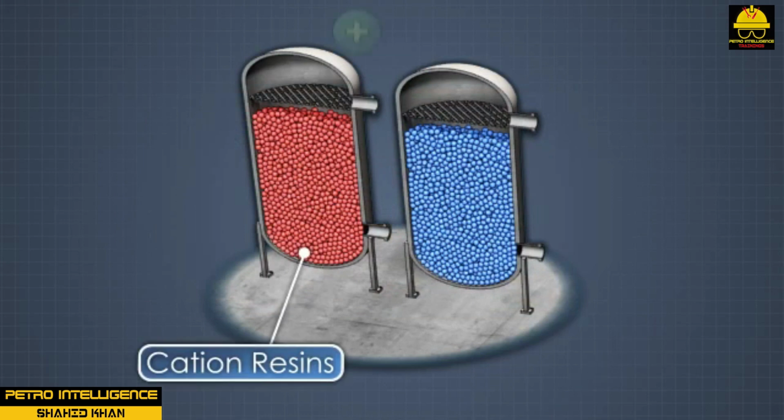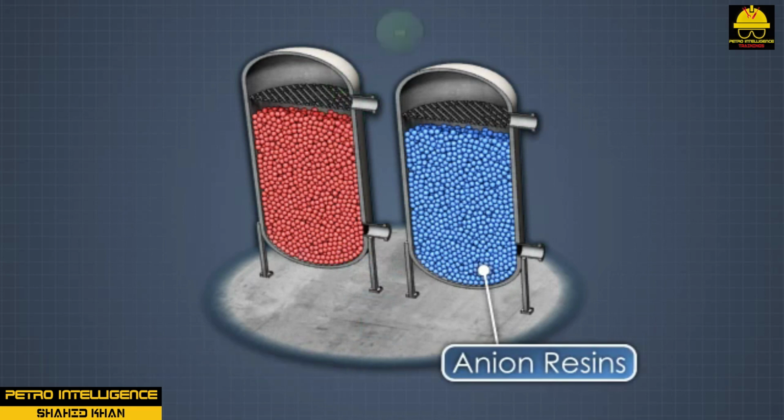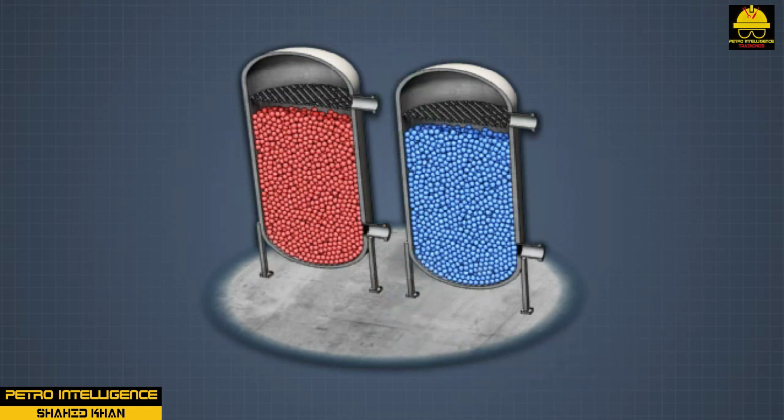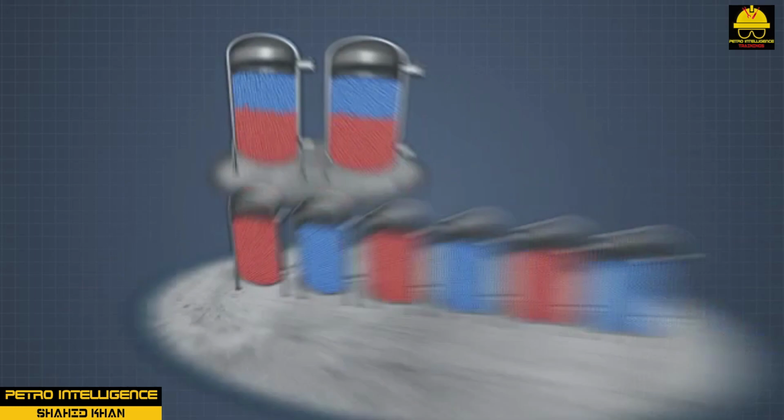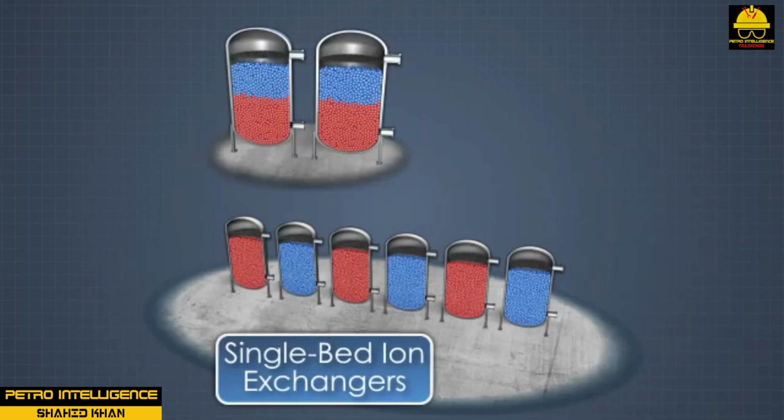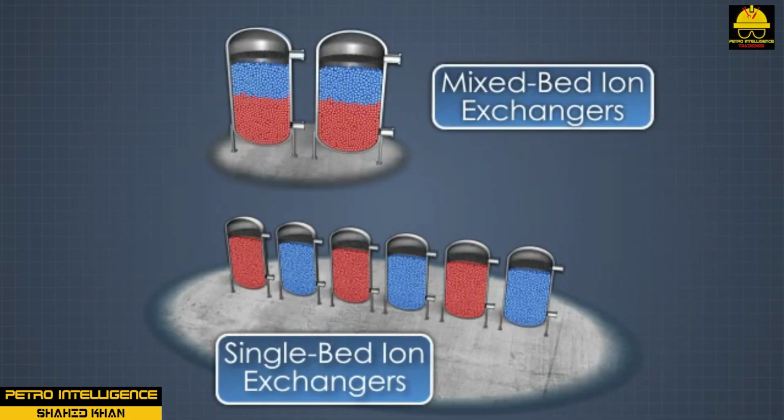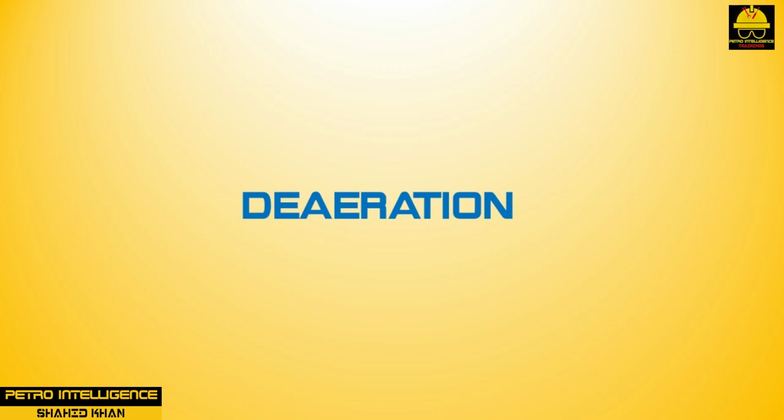Cation resins react with positively charged ions such as calcium ions and magnesium ions. Ion resins resemble small beads and are placed in tanks that raw water is passed through. Resin beds are usually several feet thick. Demineralization is a process that passes raw water through both anion and cation exchange resins. Effluent from this process is essentially pure water.